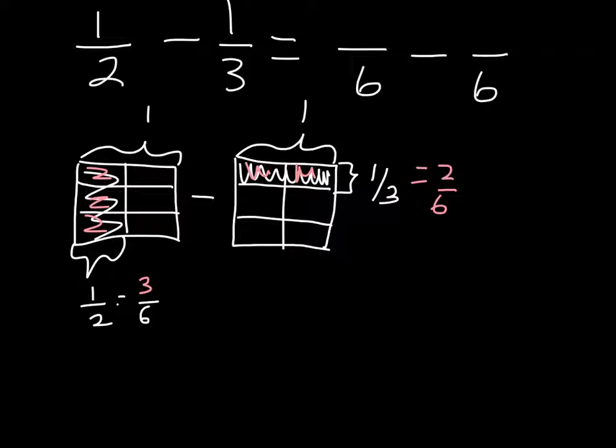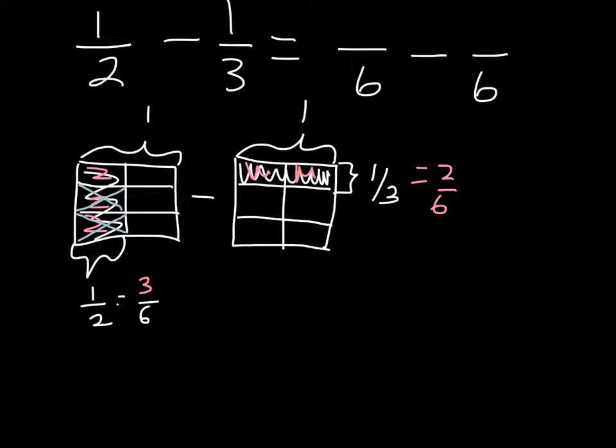Now, subtraction is a little bit different than addition because we're not putting them together, we're taking things away. So what we need to do is look at the second area model because that's the one that we're subtracting, and we have to see how many units we're subtracting, and then we need to X those out from our first area model.